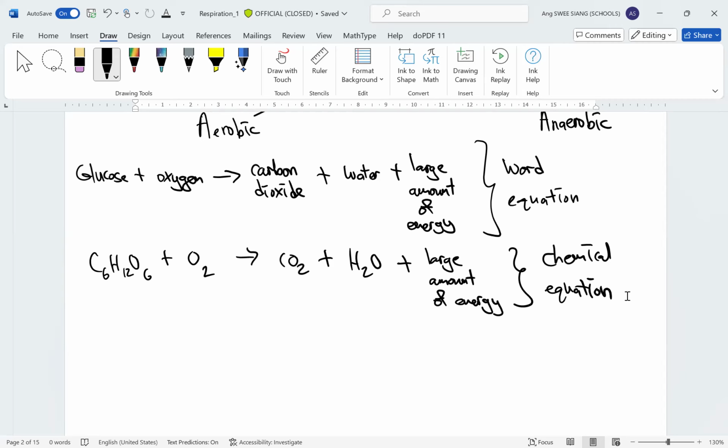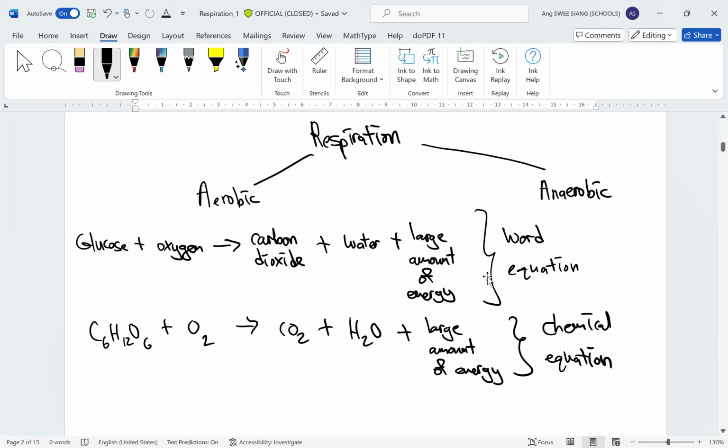Okay, so next, can you all tell me whether this chemical equation is balanced or not? How to balance it? Your chemistry is so good but so slow.